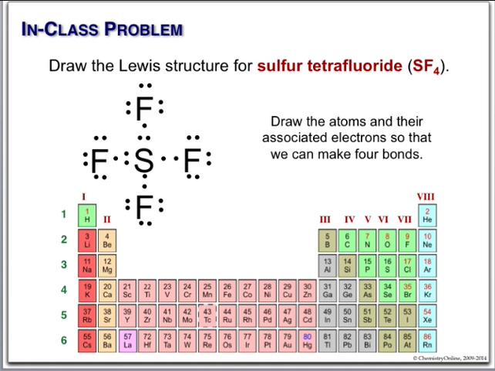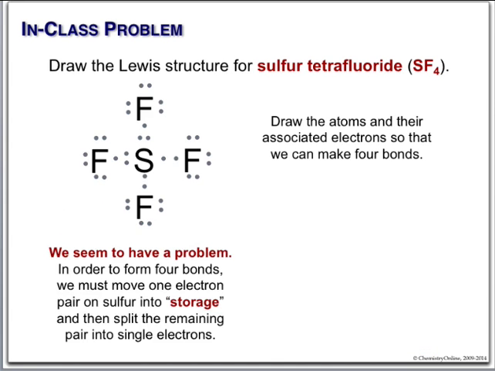So the way to draw the Lewis structure here is to say, okay, too many electrons. I'm just going to take 2 of these and put them in storage. So let's take 2 electrons, any 2, and they're down here somewhere. Now that we've done that, life is so much simpler because we can make a bond here, here, here, and here.